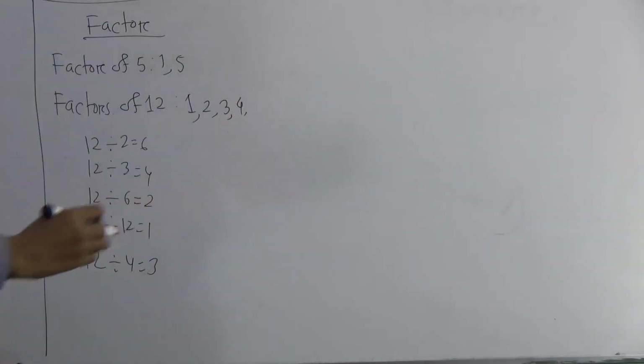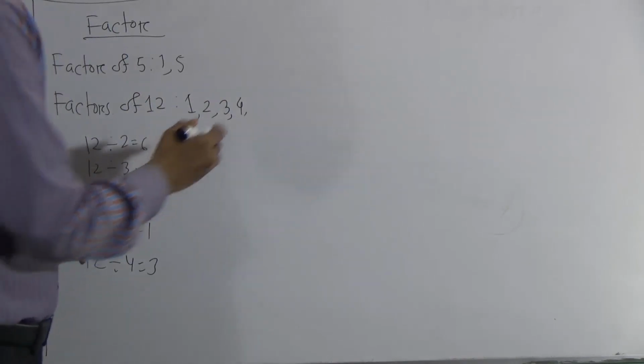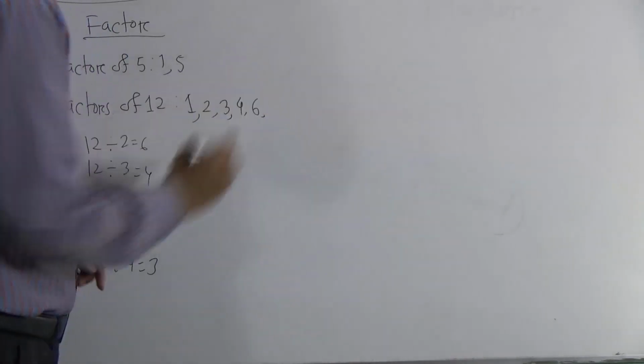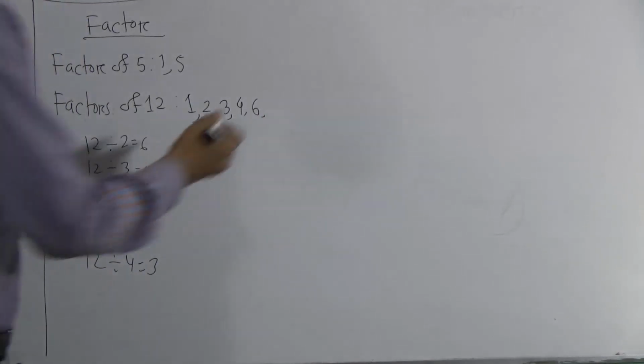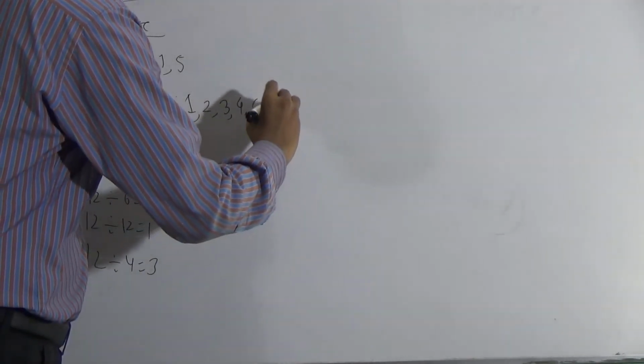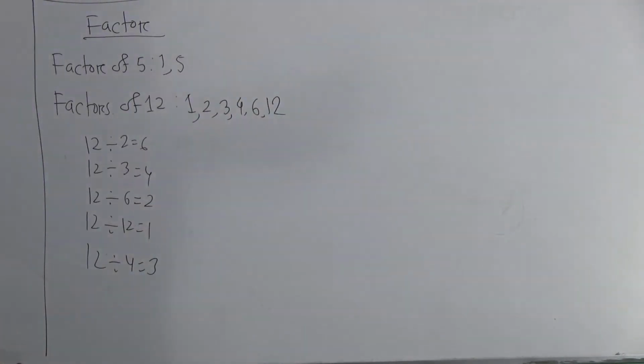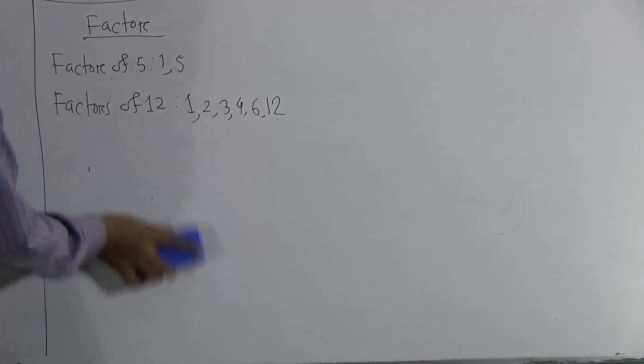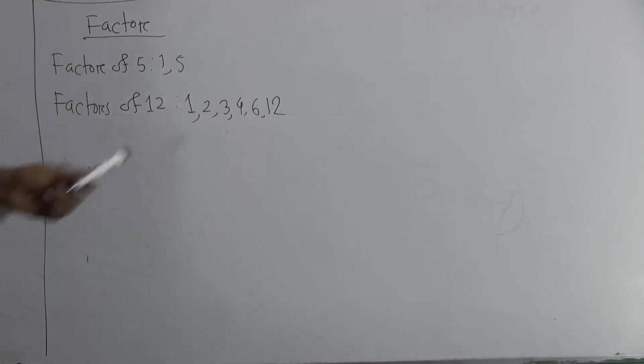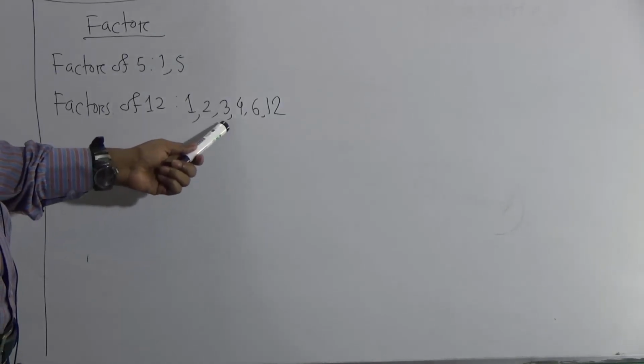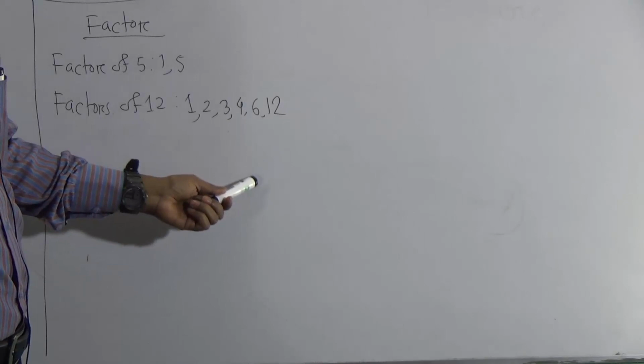Then 6. Then 12. Okay, student. That means the factors of 12 are 1, 2, 3, 4, 6, 12.